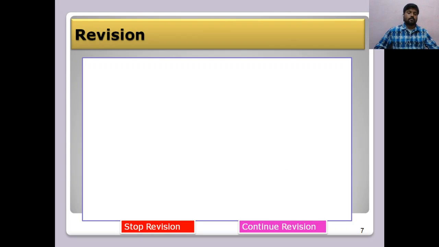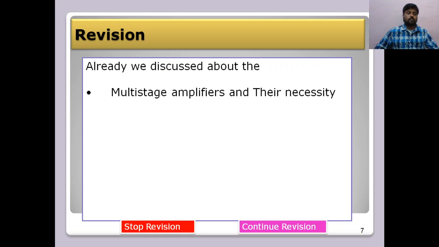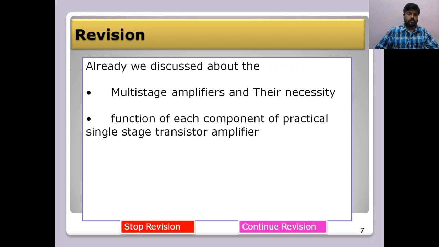So, the revision. We have already come across the topics of multi-stage amplifiers and the necessity of multi-stage amplifiers, and the function of each component of a practical single-stage transistor amplifier we have discussed.